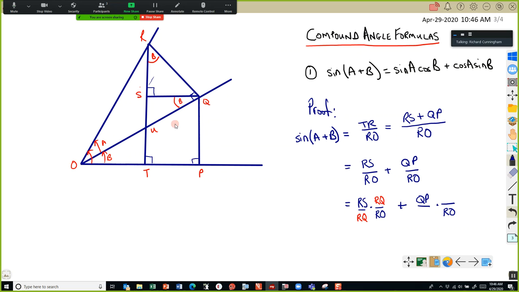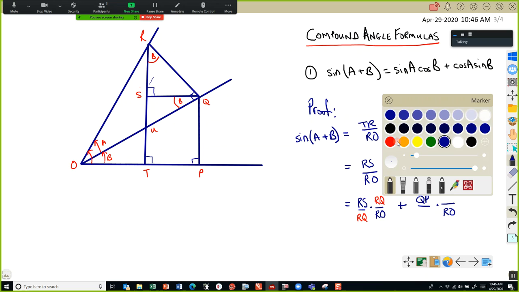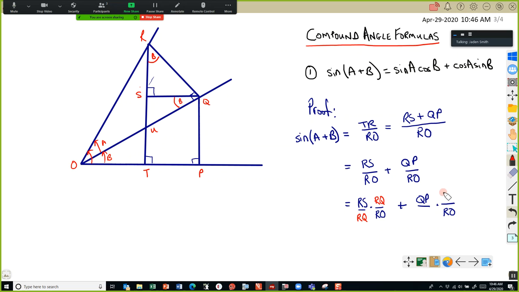Yep, OQ adjacent over hypotenuse. So OQ over RO. So what I'm going to do is I'm going to do the same thing. I'm going to multiply this fraction by OQ, but obviously I don't want to change it, so I'm going to divide by it as well and get down to here.